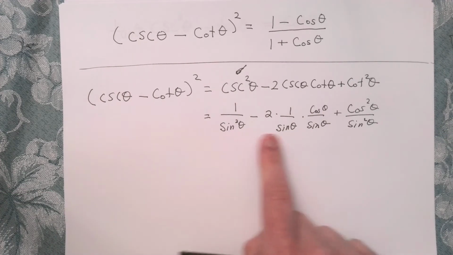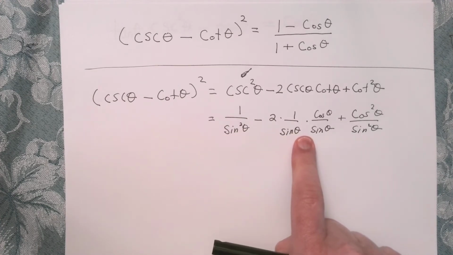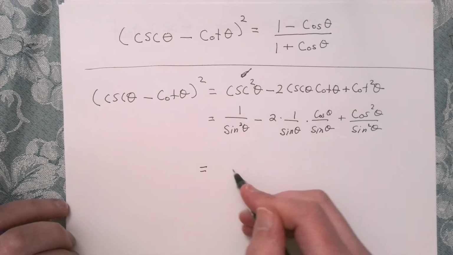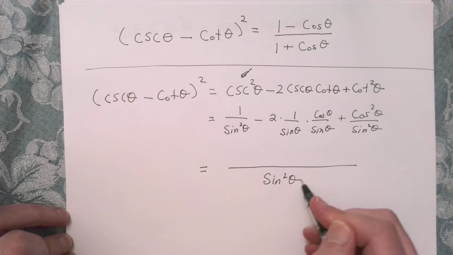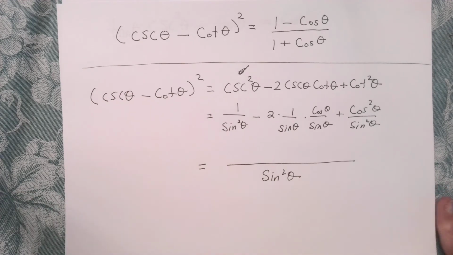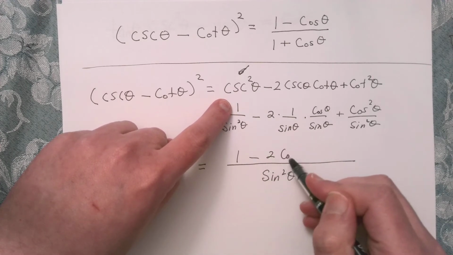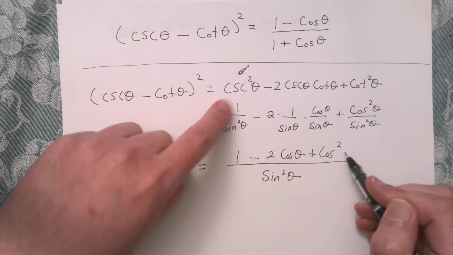It looks like I have common denominators, right? That's sine squared, and that's sine squared. So for free, I get common denominator of sine squared. Okay, that seems nice. Let's see what's upstairs. I've got this 1 minus 2 cosine of theta plus cosine squared of theta.